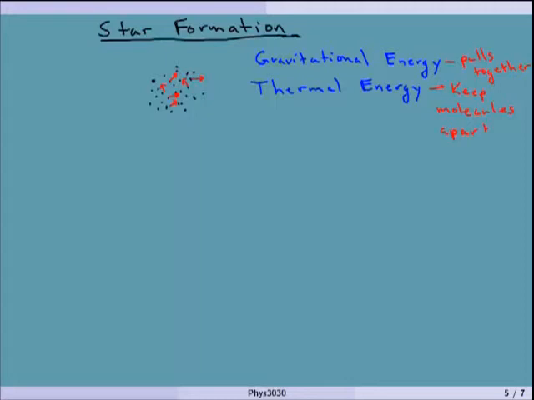So these two forces work together. The gravitational energy starts pulling these molecules closer and closer together. As they get closer, they bounce off each other more and more, and some of the gravitational energy gets turned into thermal energy.